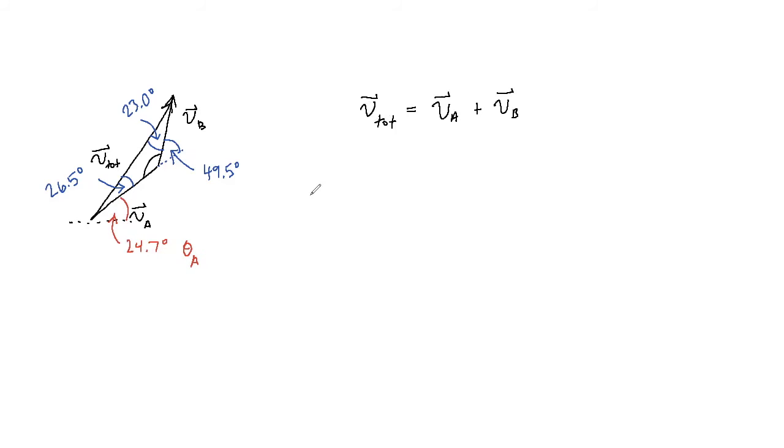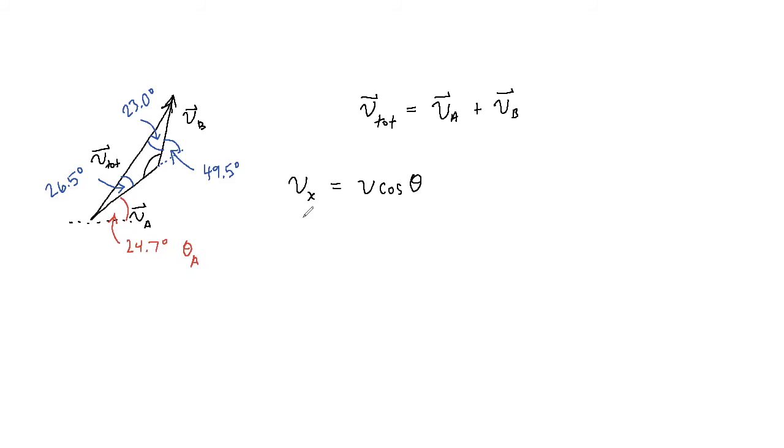And remember that if you have any vector, we'll just call it V, the x component is always going to equal the magnitude of the vector times the cosine of the angle that it makes with the x-axis.